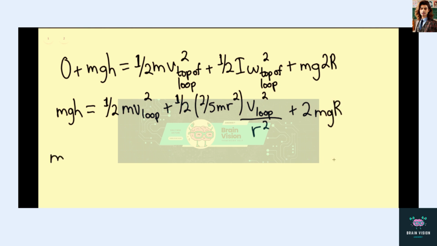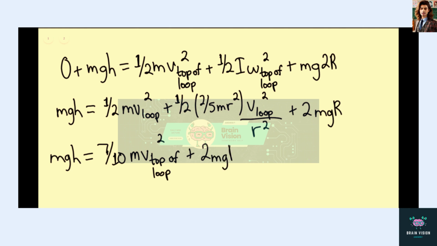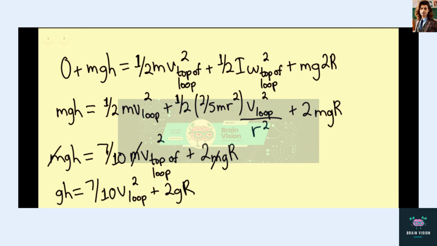We can say that mgh would then be equal to 7/10 times the mass of the marble times the velocity at the top of the loop squared plus 2mgR. We can then cancel out the m's and say that gh will be equal to 7/10 times the velocity of the loop squared plus 2gR.